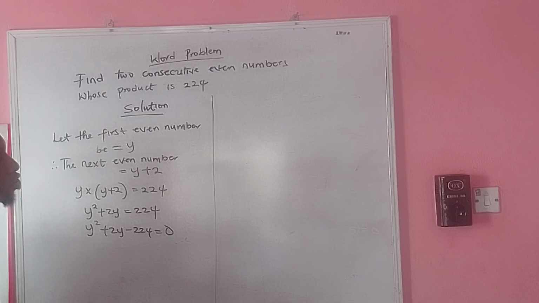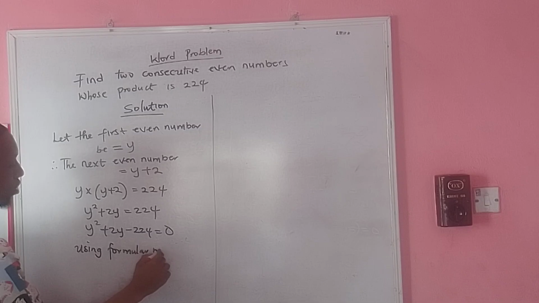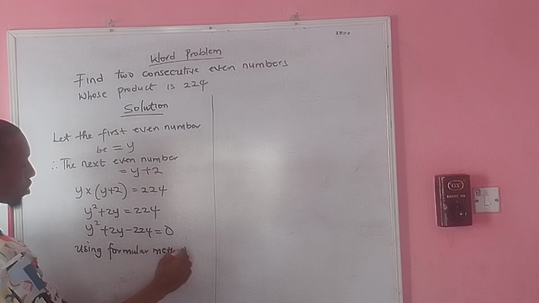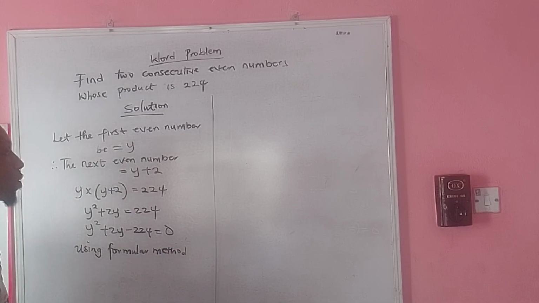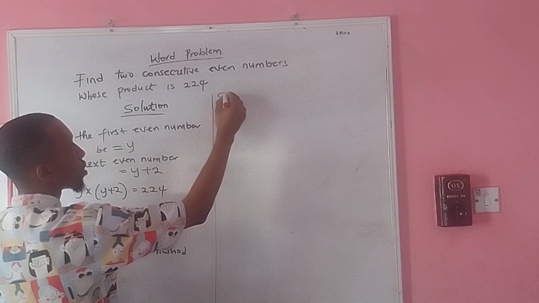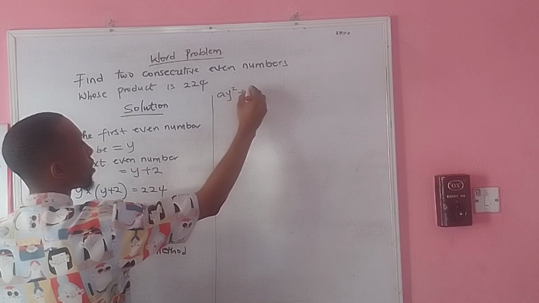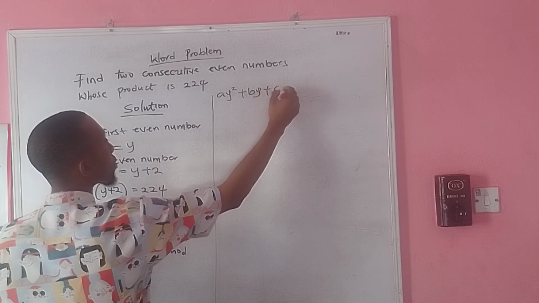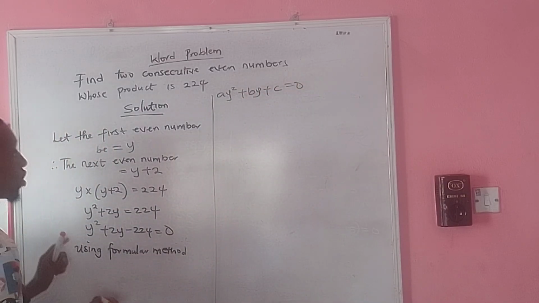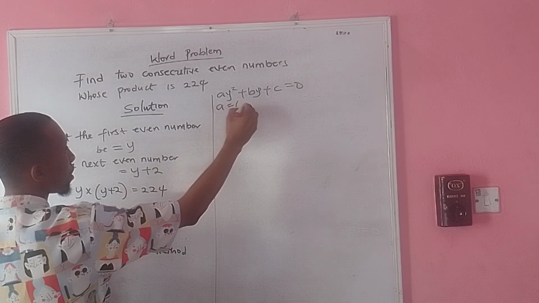So having this quadratic equation, this time around I want to use the formula method. In quadratic equation, I can represent my quadratic equation in this form: ay squared plus by plus c is equal to 0. So in this case, the coefficient of y squared is 1, so I can say a is equal to 1.